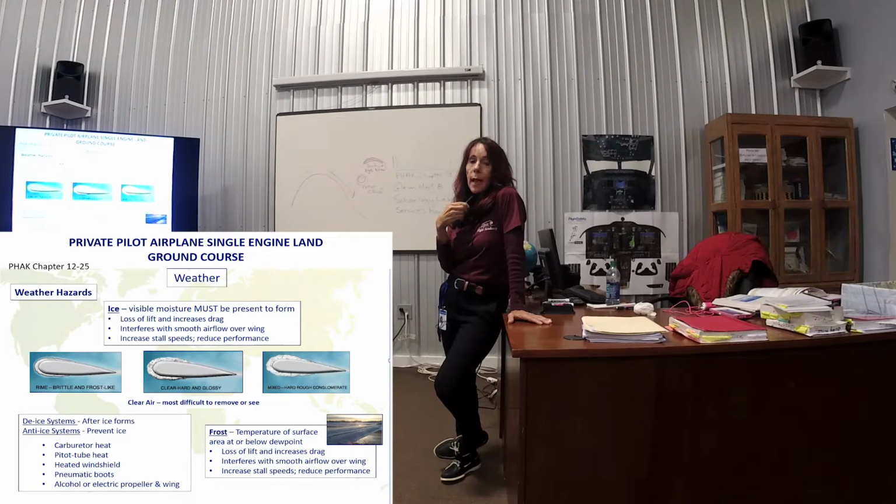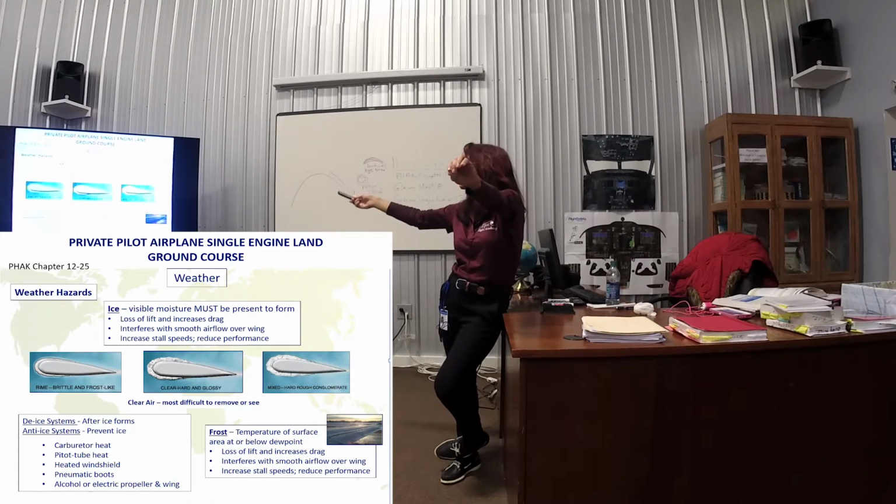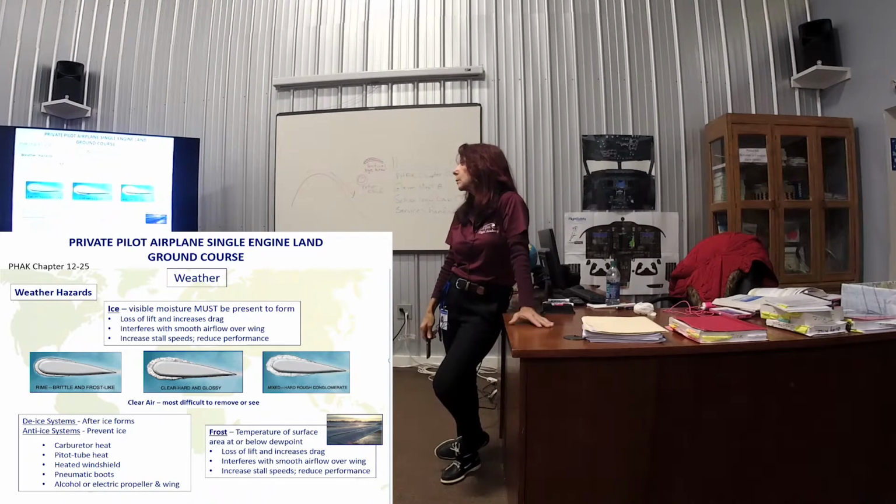So what's dew point? The actual moisture in the air. So now you have a cold wing, moist air, possibly could develop frost. A tiny, tiny little layer of frost is going to do everything that you see on those 3 bullets.